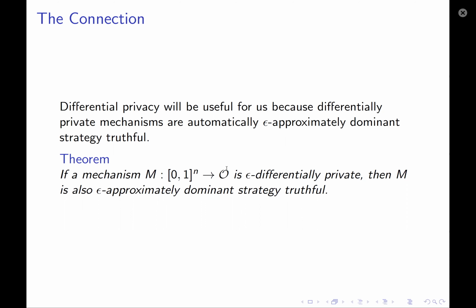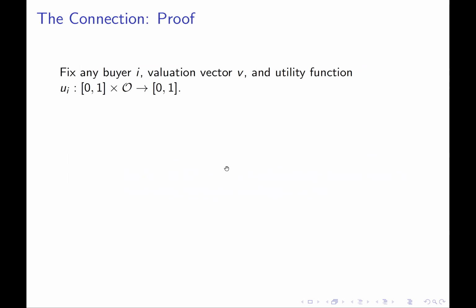It's actually almost immediate. It's going to follow basically by writing down the definitions, right? So what do we need to prove? Well, we need to prove that no matter what buyer we're interested in, no matter how people bid, no matter what the buyer that we're interested in values the item at, the gain that he can get by misreporting can only be very small, can only be epsilon.